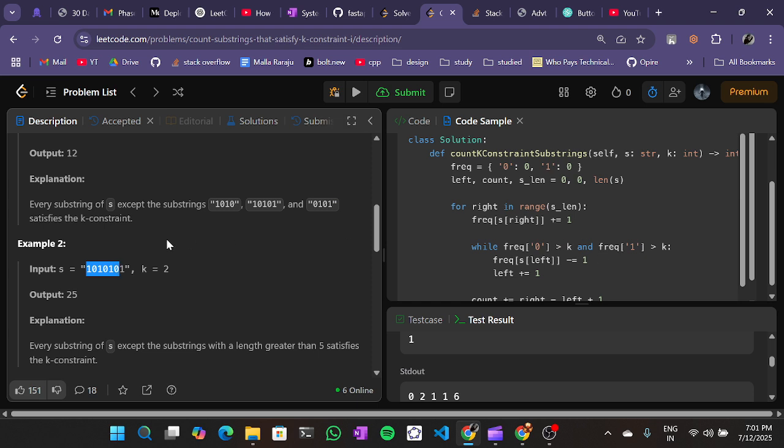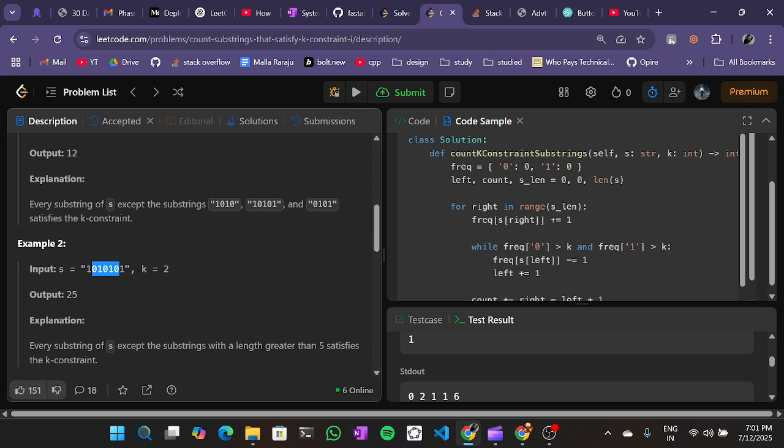Now it's an invalid case, so for this what he is doing is he is getting inside the array, triggering this while loop and removing one element from the left, which will give you this.